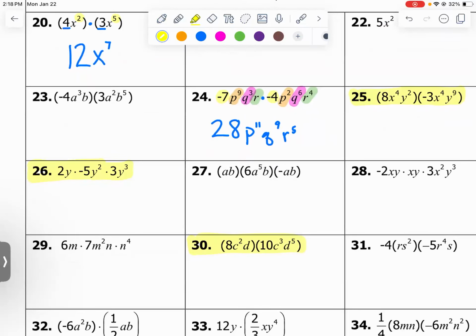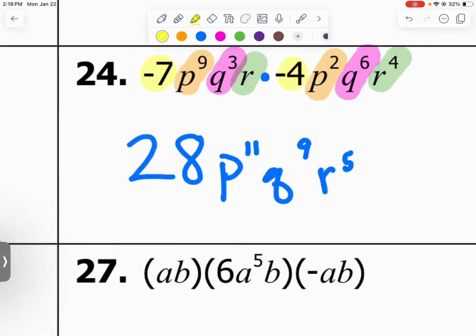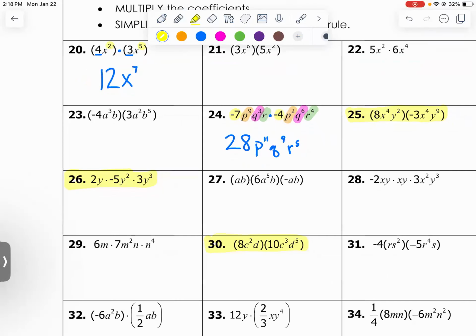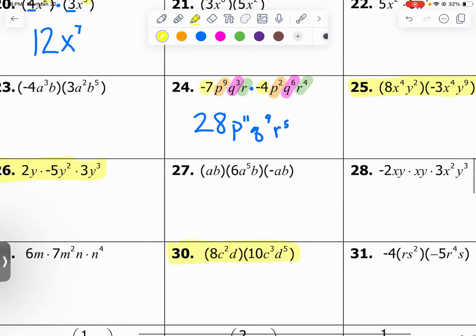That's a 5. How do you do this? It has an exponent of 1. If there's not an exponent, it's an exponent of 1. Thirty. I got negative 31.